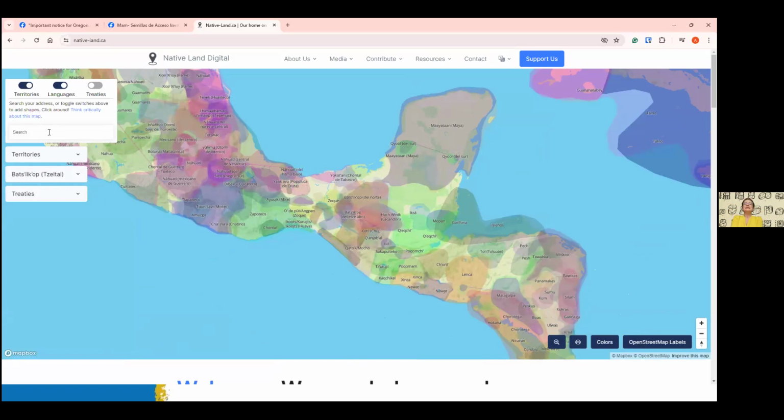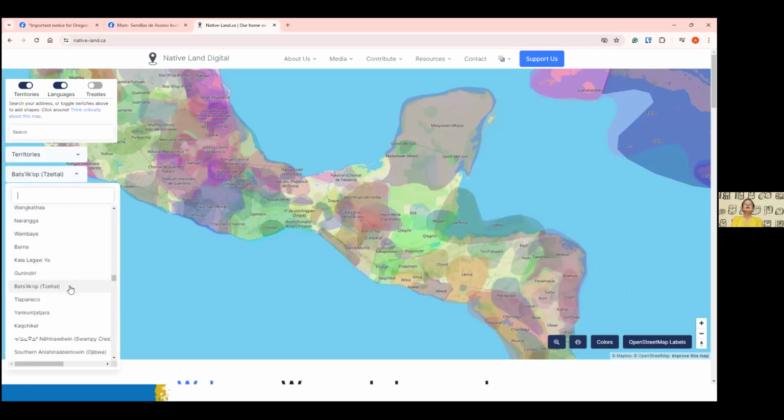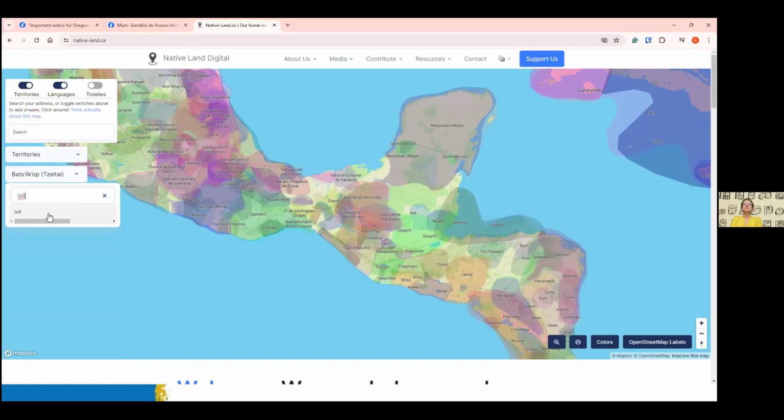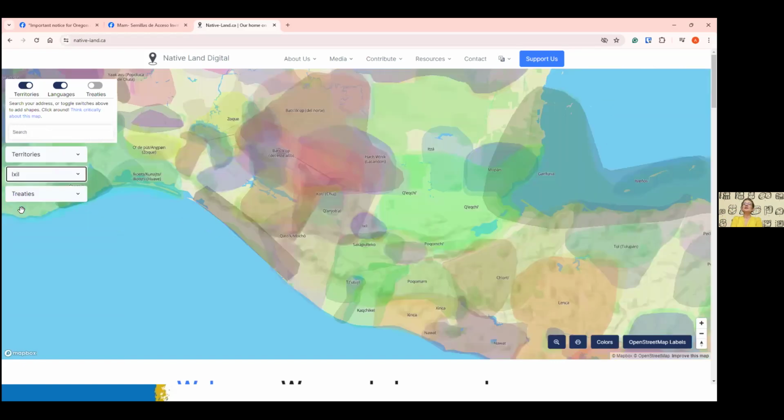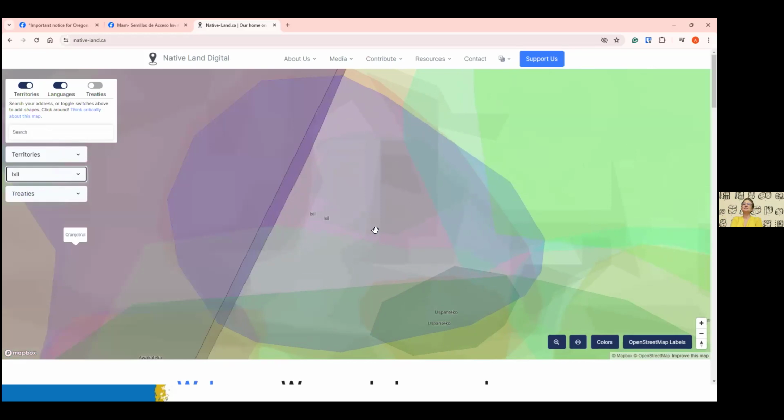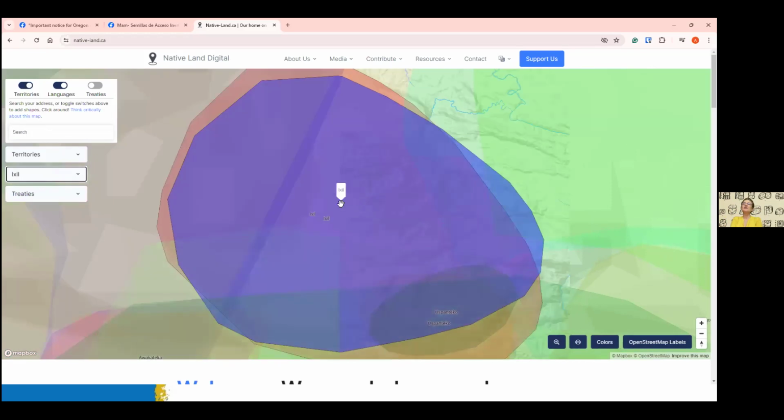We're not going to do that today, but instead, if you could type in where it says Batsilkop. So this is already set for the Seltal region, but why don't we go ahead and type in Ixil, I-X-I-L. And this is a language originally spoken in Guatemala, but also spoken here in the States. I know some folks in Ohio, for example, who are Ixil speakers.